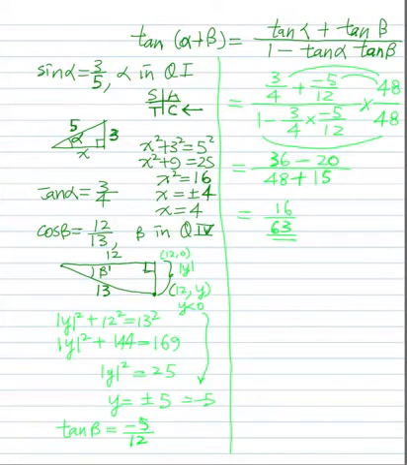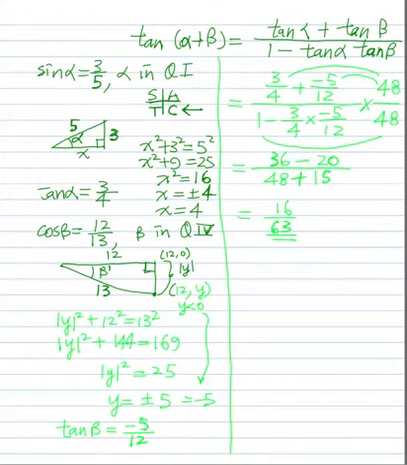Let the height of this triangle be the absolute value of y. If we put one corner of this triangle at the origin, then the coordinate of where the right angle is will be (12, 0).